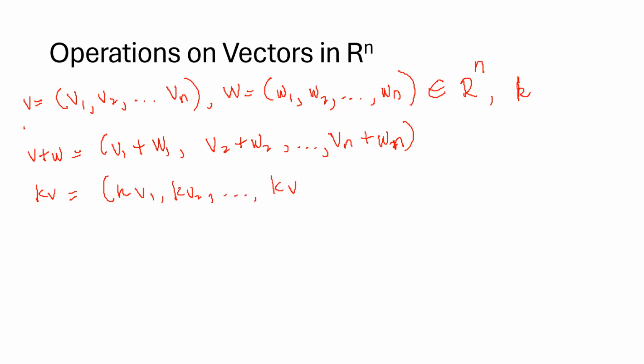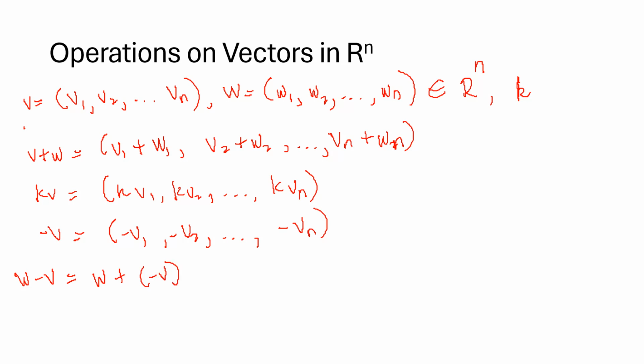Our negative v is (negative v1, negative v2, up to negative vn). And our w minus v is equal to w plus the negative of v, which is (w1 minus v1, w2 minus v2, up to wn minus vn).